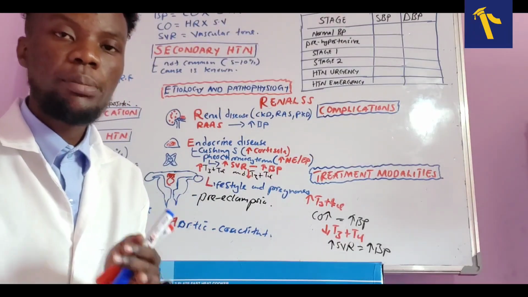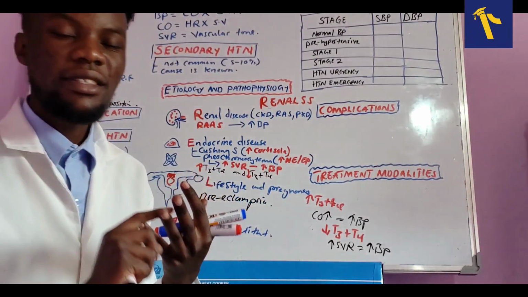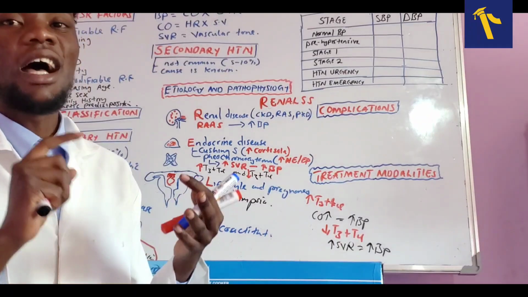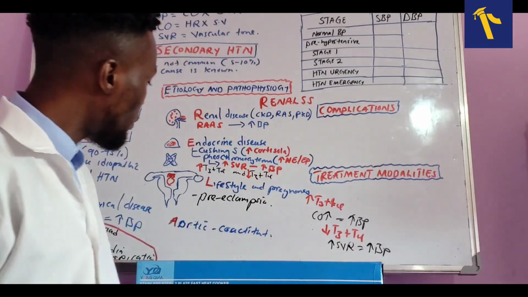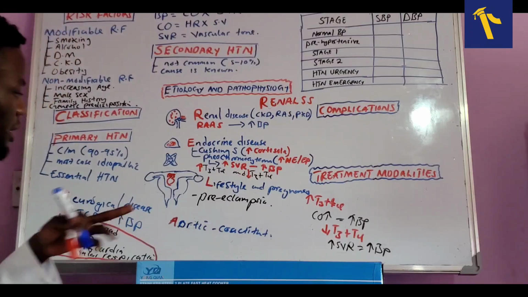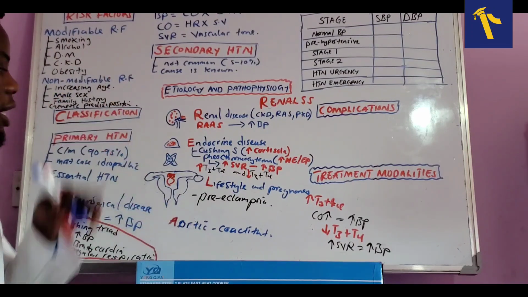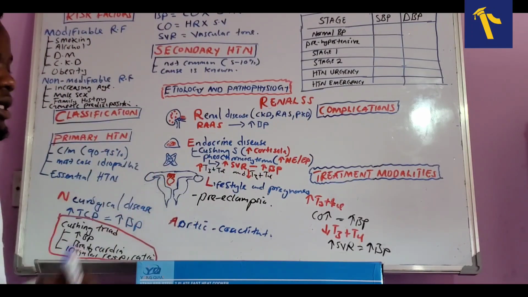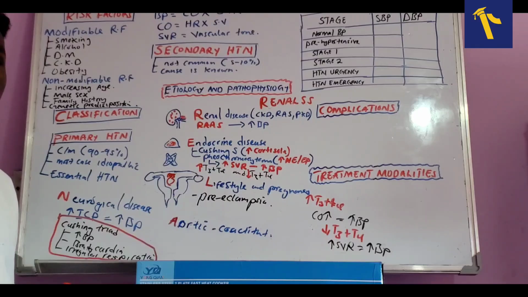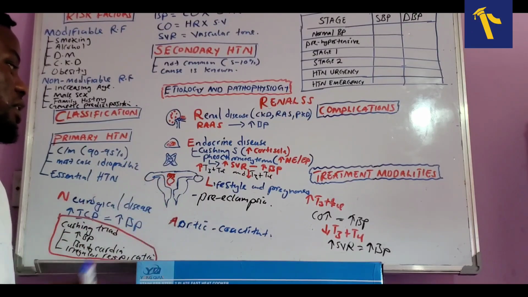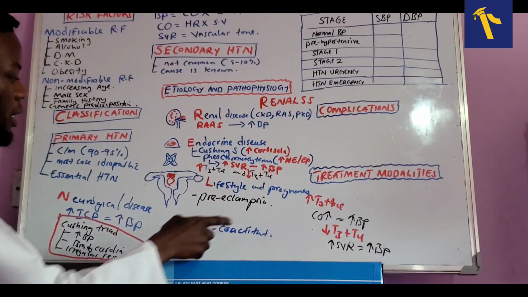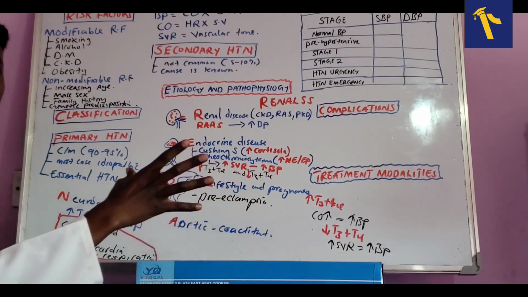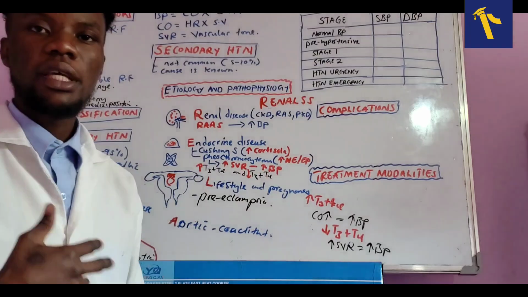If you vasoconstrict the blood vessels, you are increasing the systemic vascular resistance and increasing the blood pressure. So that's how preeclampsia can cause hypertension, because of placental insufficiency, or the fetus not receiving adequate oxygen.